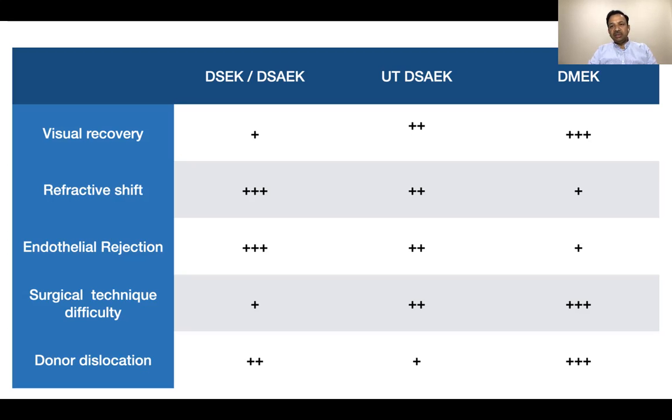Dislocation rates are the maximum with DMEK, so you need to have a closer post-operative follow-up. Ultra-thin DSEK, because the graft has stromal tissue and is thin, kind of takes the best of both DSEK and DMEK, and the donor dislocation rates are lower. And if your DSEK graft is pretty thick, you can have dislocation, so you need to watch out for that.